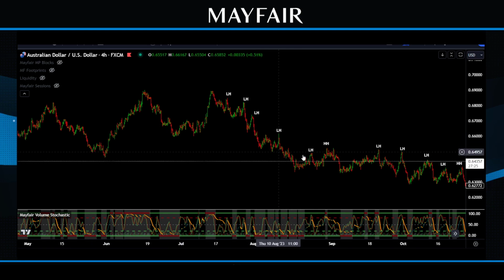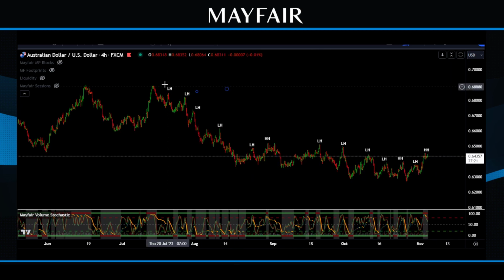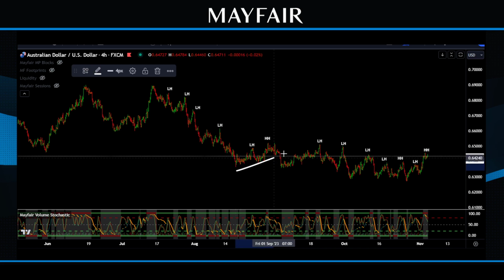So let's go from this particular stage. Now at this particular point, we've had a lower high, lower high, lower high, and you can take the lower lows for granted. Now the point is, at this stage, we ended up having a slight change in character along this move. Because what we actually did here was create a new higher high based on the prior swing.